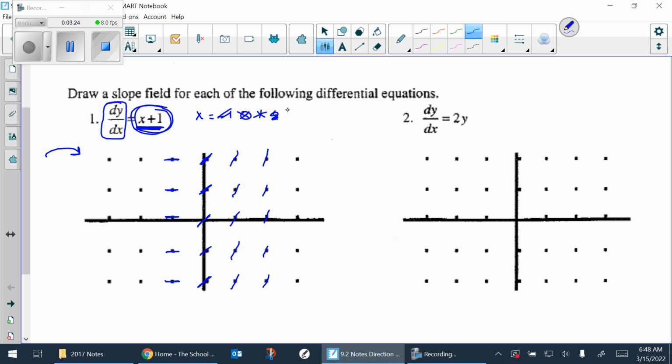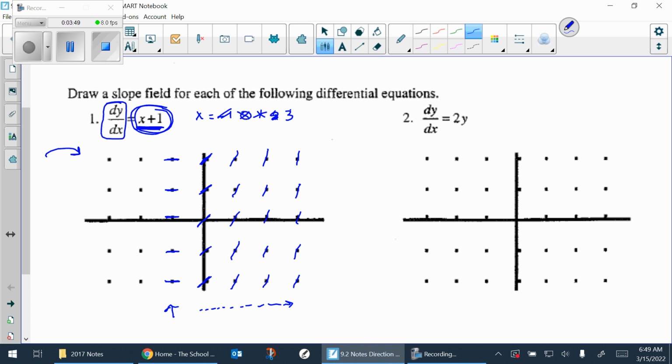And if x were 3, we've got a slope of 4. Now, are these really a slope of 4? Were those really a slope of 3? No, but what the grader is going to be looking for on the AP exam, and what I'm going to be looking for, is do you have the zeros in the right place? And as we work our way over this way, we get steeper and steeper slopes in the positive direction.